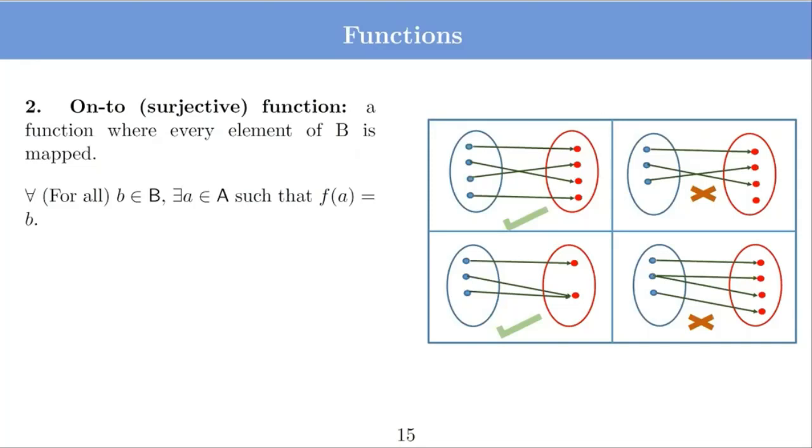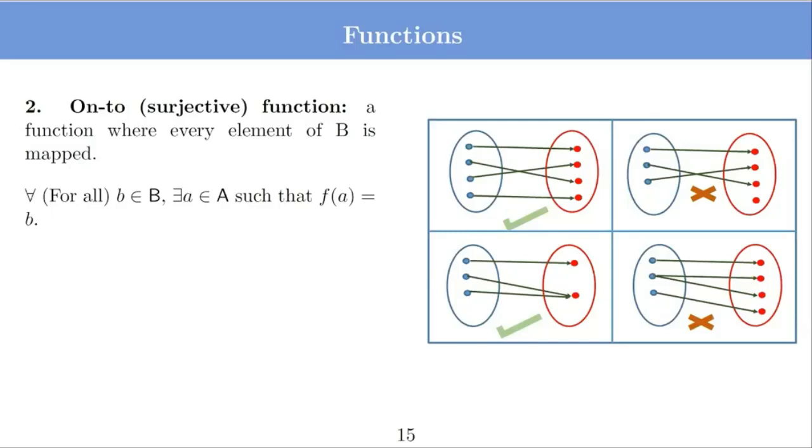Mathematically we can say that for all small b in capital set B, there exists an a such that f(a) is equal to b. In simple words, no matter what element you take in capital B, we should always be able to find an element in capital A such that a is mapped to b under this function.